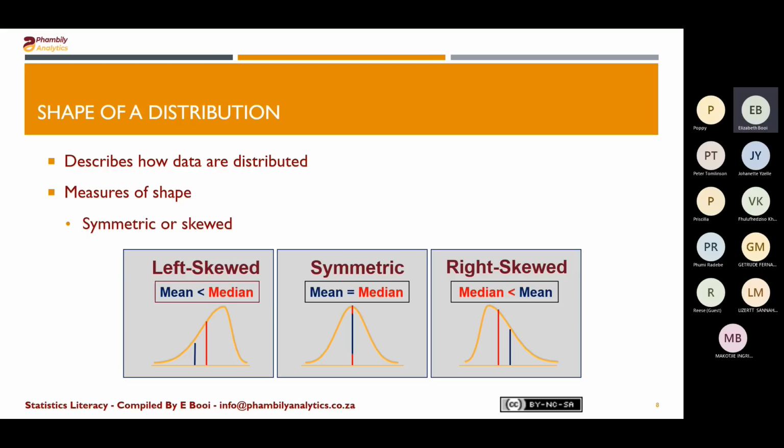If your mean and the median are equal, if they were 28 and 28, then we will say our data set is symmetric. If it's right skewed, or what we call positively skewed, it means your median is less than your mean.